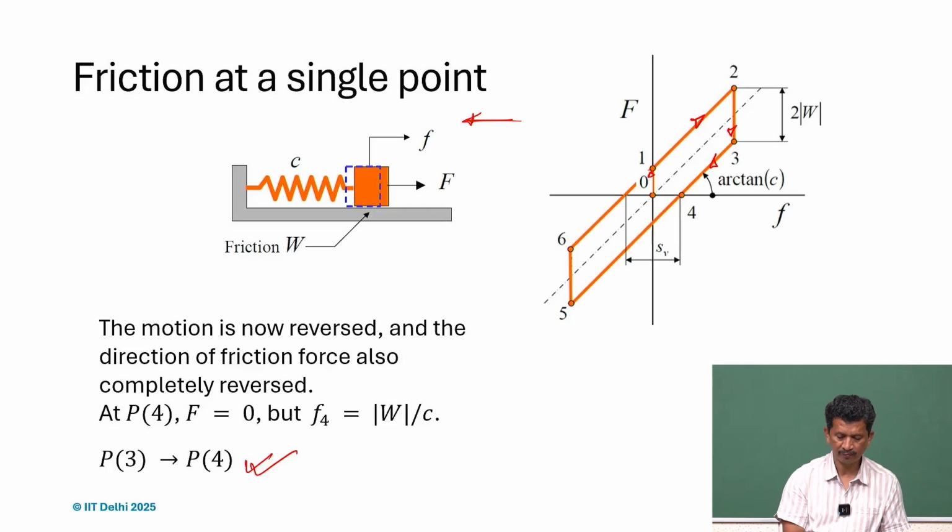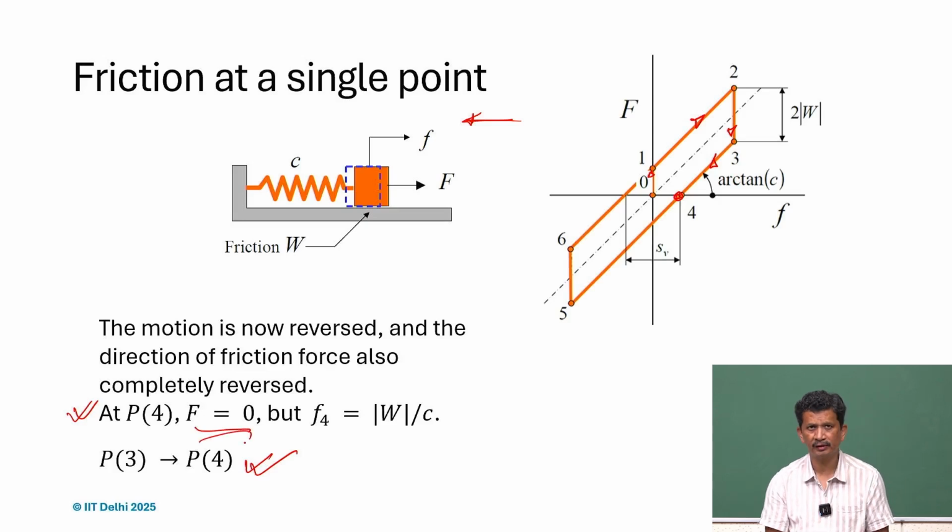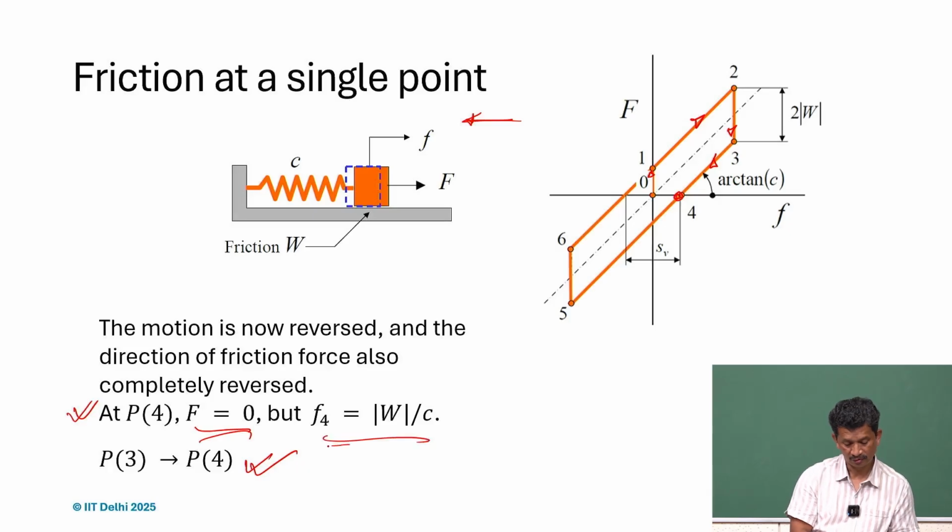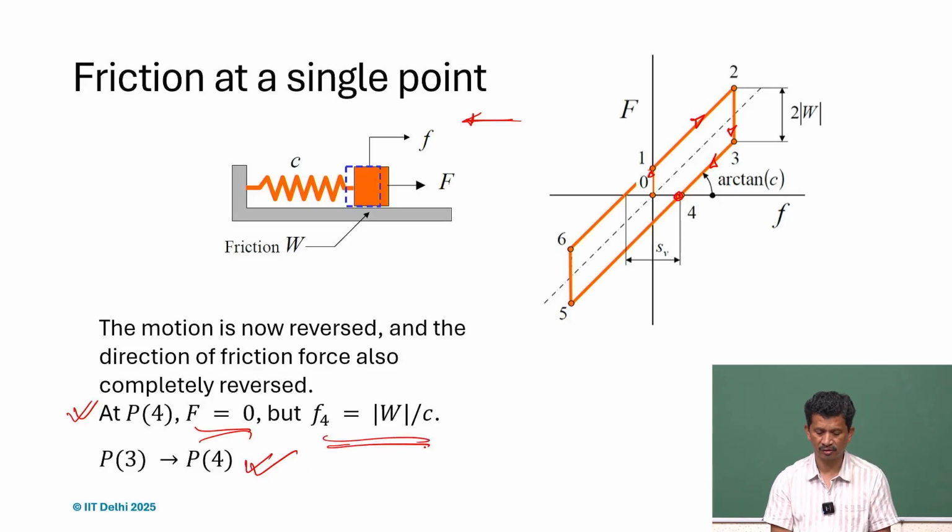What also happens when it reaches P4: F is 0. There is no external force acting now. But there is still some deflection, x4. And why?